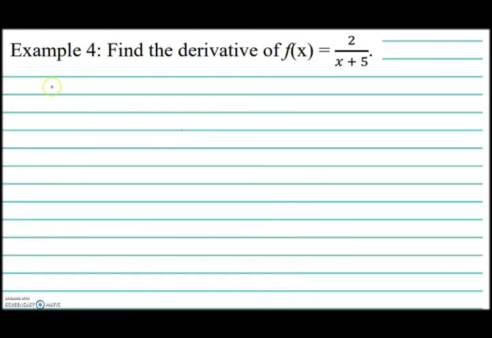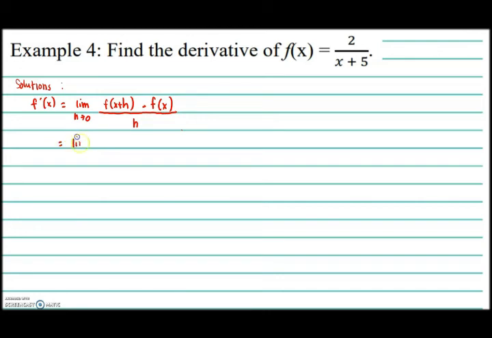Alright, now let's have example 4. Find the derivative of f of x equals 2 over (x + 5). Now here we are given a rational function. So let's find its derivative. So you have the solution. f prime of x is equal to the limit of f of (x + h) minus f of x all over h as h approaches 0.